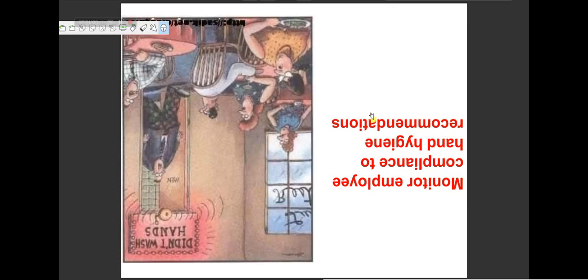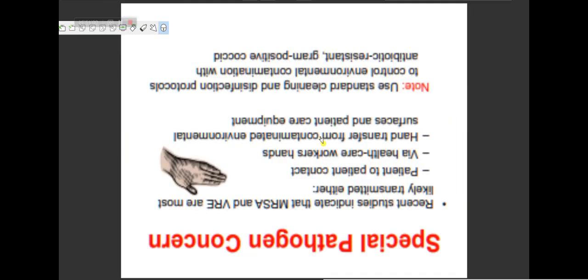And now, monitor employee compliance to hand hygiene recommendations. We should always monitor our employees so that they take care of their hand hygiene, right?